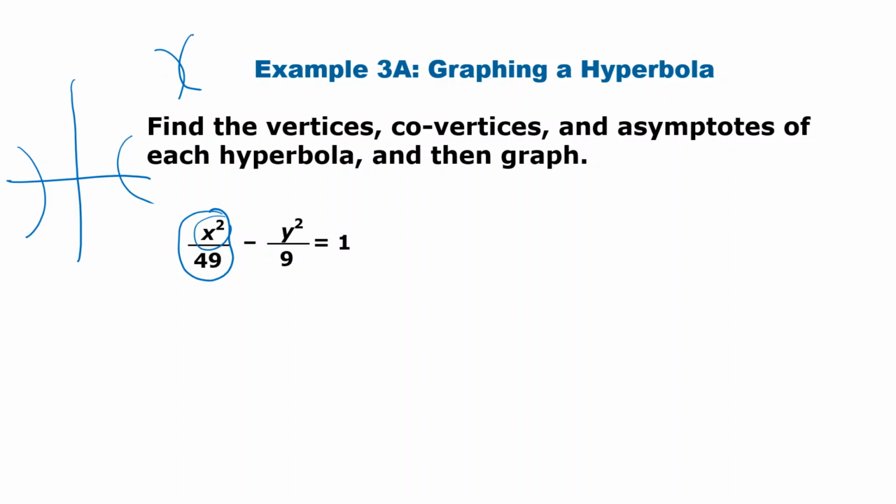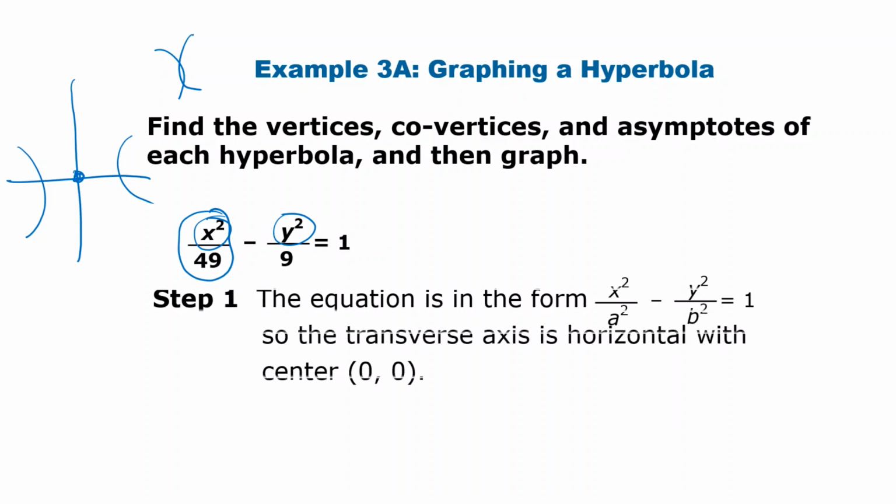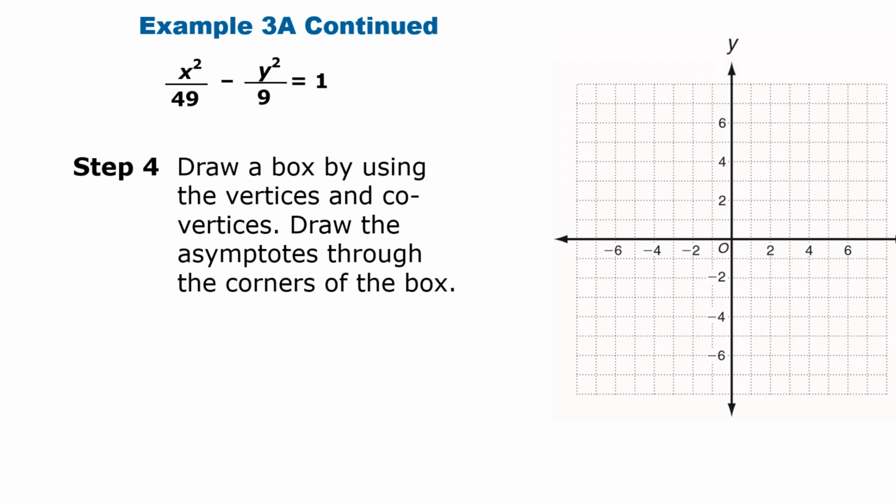And since it's centered at 0, 0, I know it's going to be like this. So the equation's in the form x squared over a squared first. So the transverse axis is horizontal with the center 0, 0, just what we talked about.